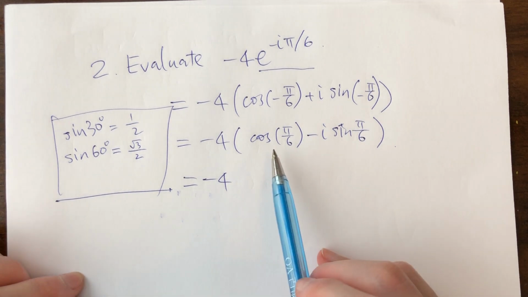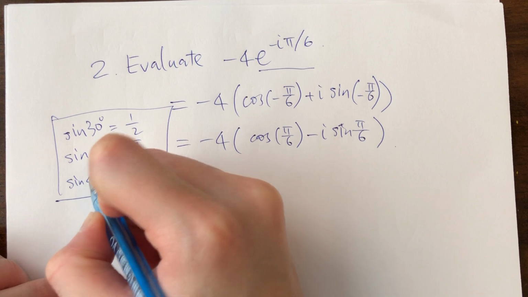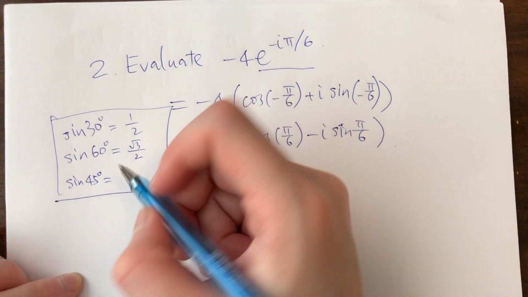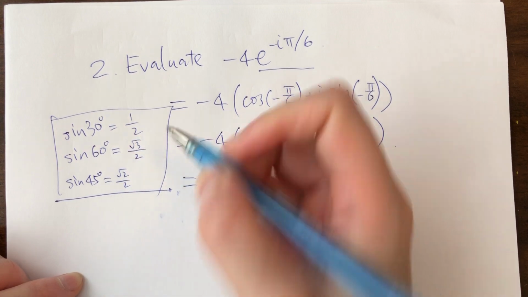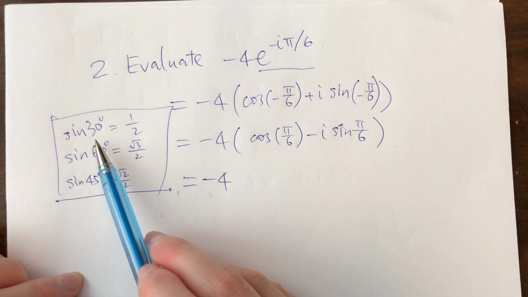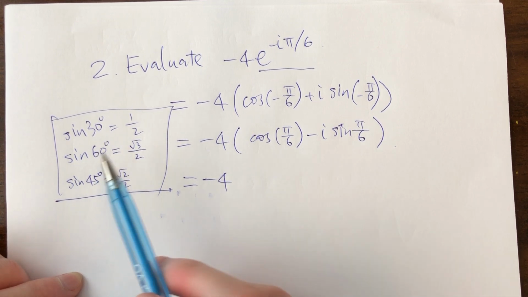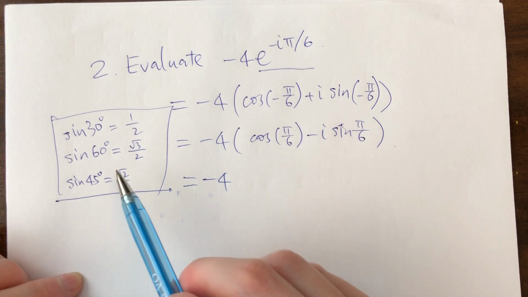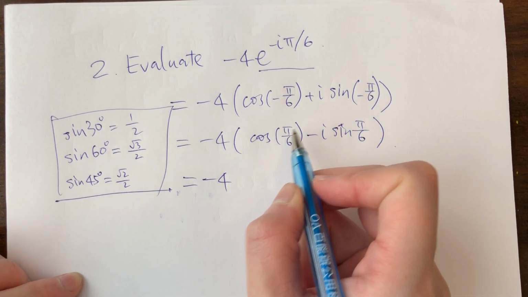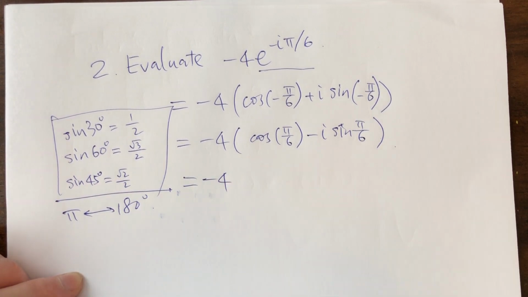You probably also want to memorize the 45 degree, which is pretty special: square root of 2 over 2. These are the 3 I really memorize, and everything else comes from that. First you need to know that in terms of radians, pi is the same as 180 degrees.